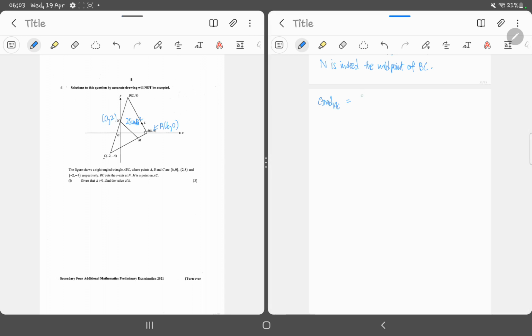So the gradient of AC is actually 0 minus 4 over 6 minus 2.